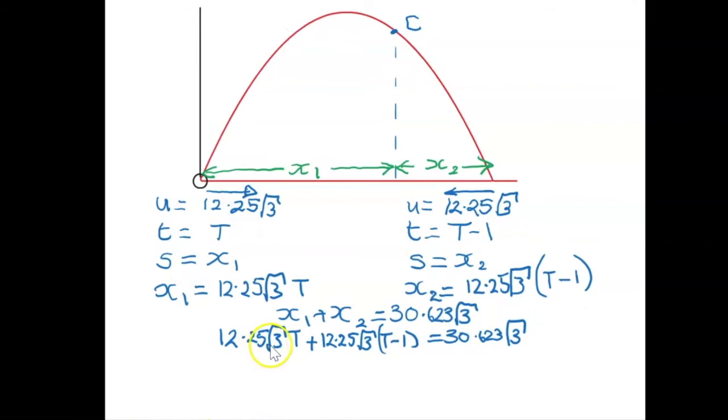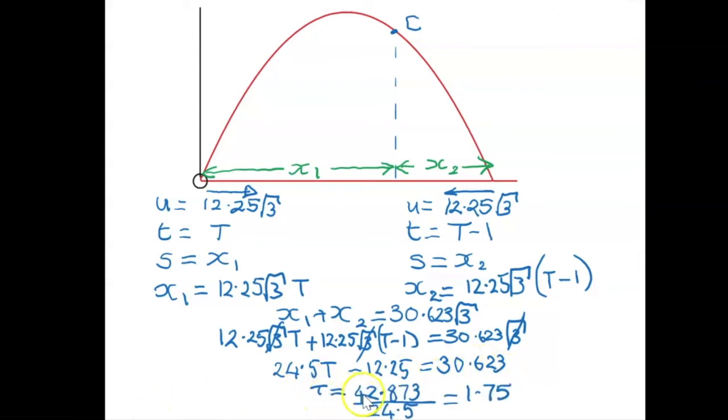So 12.25 root 3 times t plus 12.25 root 3 times t minus 1 is 30.623 root 3, and the root 3's will cancel. So 24.5 t minus 12.25 is 30.623, so 24.5 t is equal to 30.623 plus 12.25, which is 42.873.